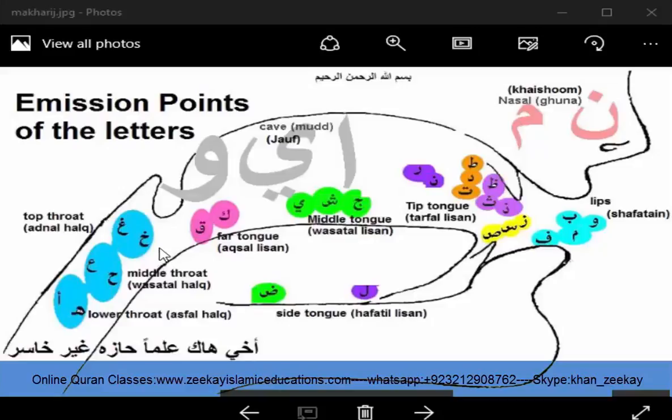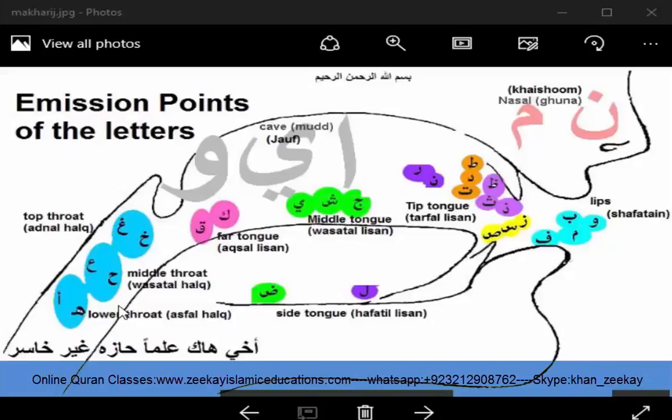Now we should understand the letters which are pronounced from these origins. Kha and Ghain are pronounced from the part of the throat which is nearer to the mouth. Hamza and Ha are pronounced from the part which is nearer to the chest.